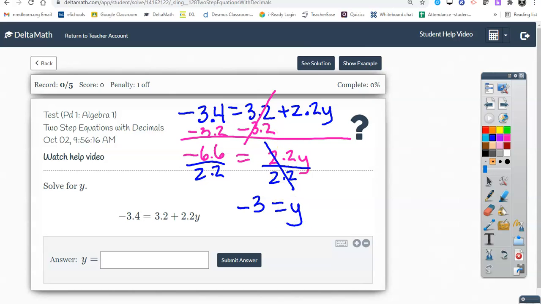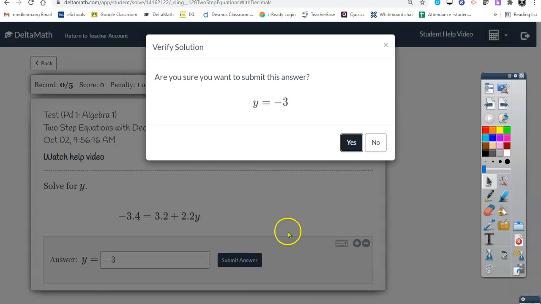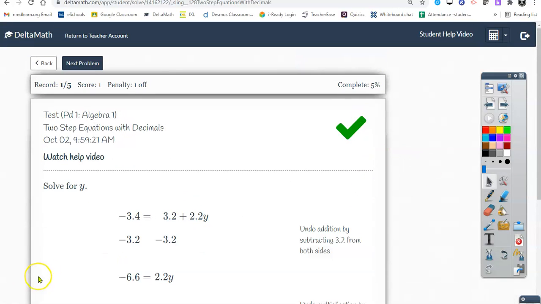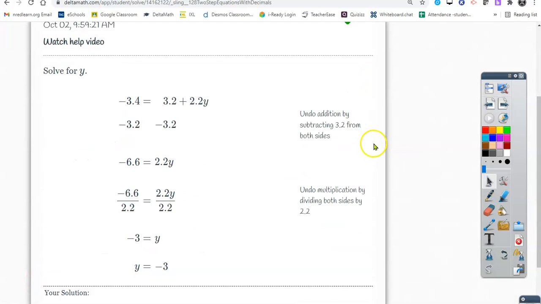And this is a multiplicative inverse, which gives me an invisible 1. So once you are completed here, you type negative 3 into the response and submit your answer. It will provide you with a green checkbox, and it will also show you the way that they solved it.